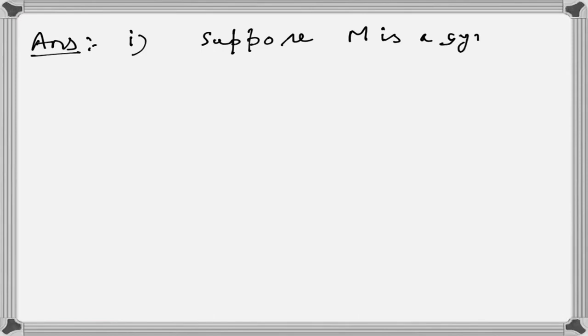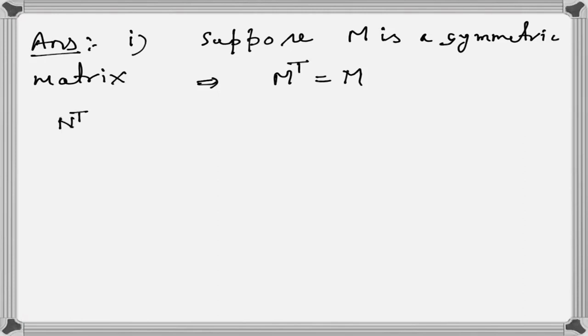Answer. So let's solve the first part. Okay, so first suppose M is a symmetric matrix. This implies M transpose is equal to M. Now we need to show that N transpose M N is a symmetric matrix.